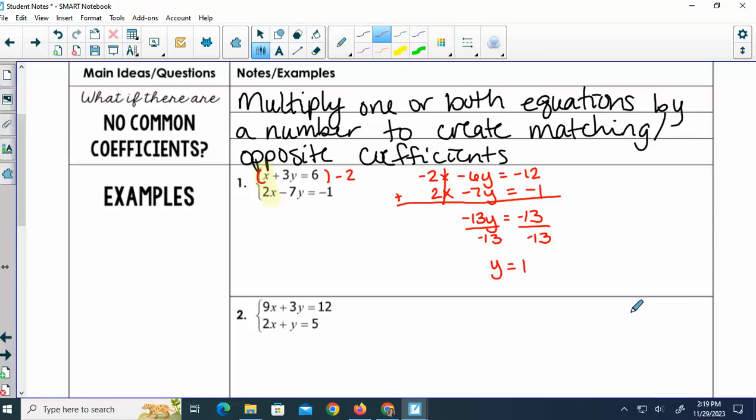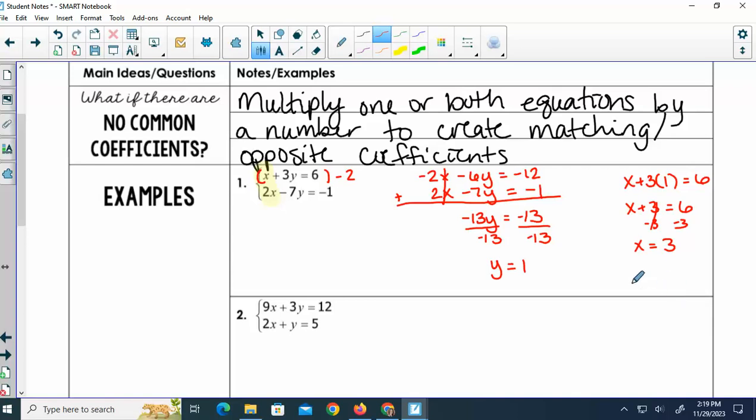Once you have your y, how do we get the x? So let's say I went to the first equation. The x plus 3 times 1 equals 6. Subtract the 3. So x is 3.